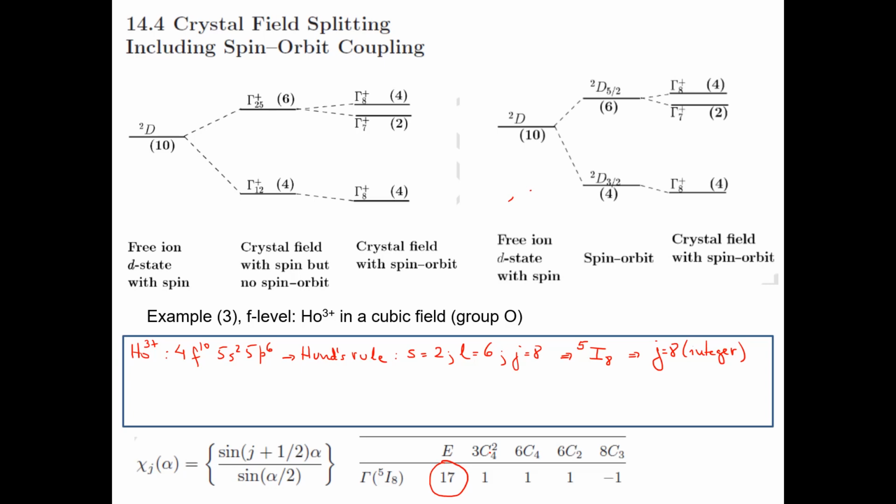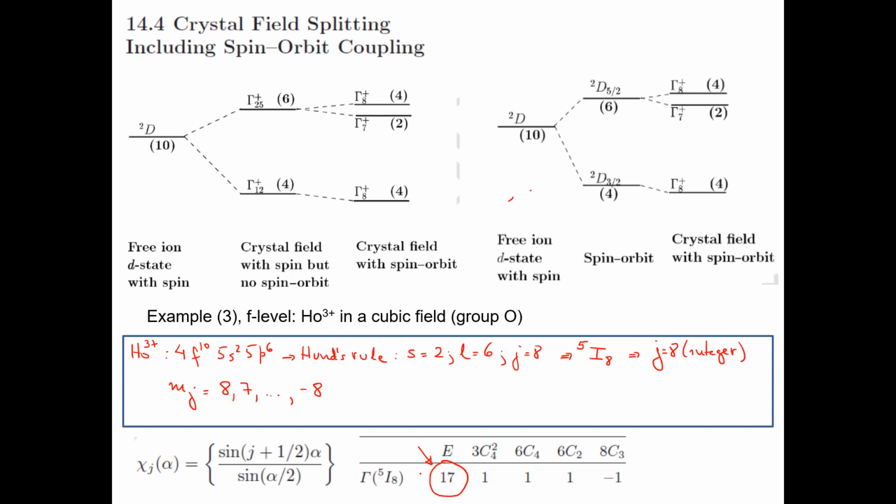I'm already at the manifold in which J equals 8. That means that the MJ values, J equals 8, meaning that MJ goes from -8 to 8. So there are actually 17 values of MJ.